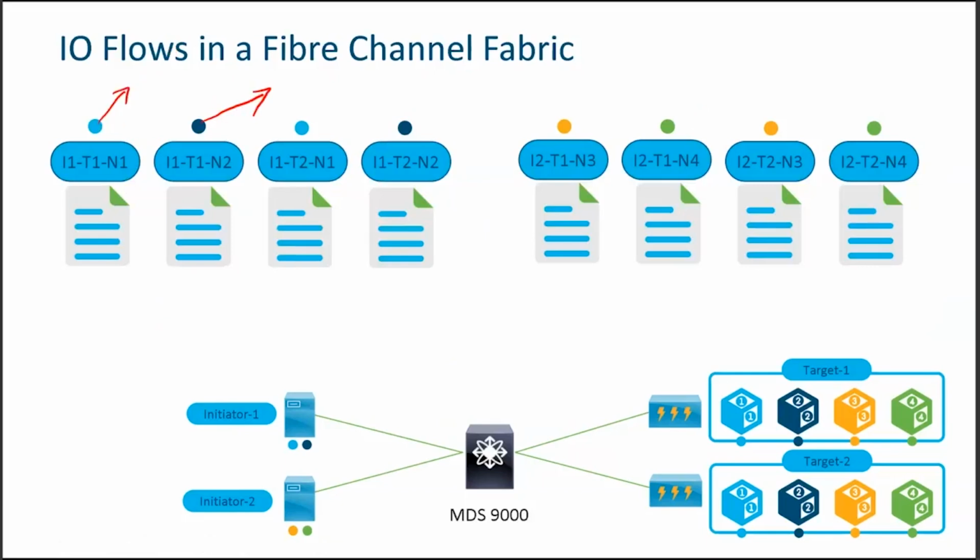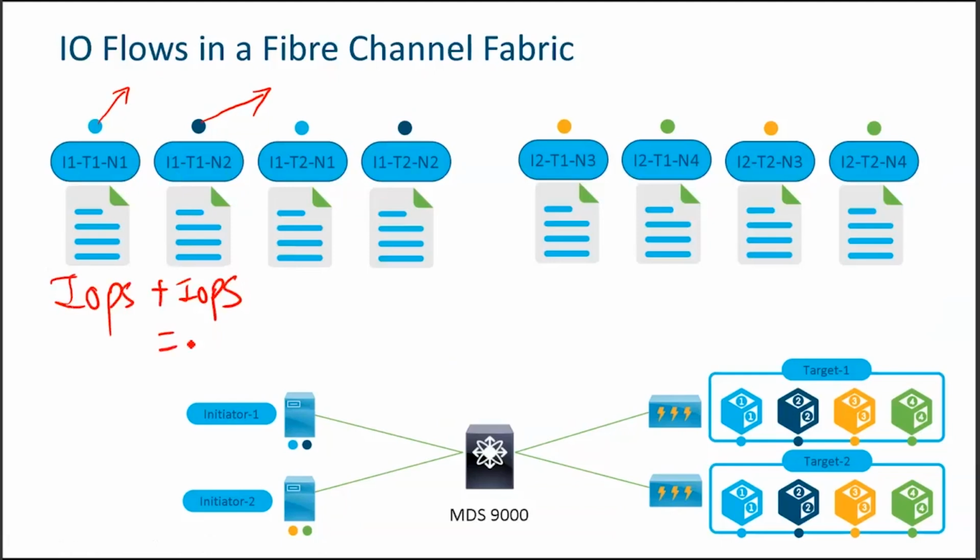But let's say you don't want to go to a LUN level all the time. You just want to go to an IT level. For that, obviously you could take the I1, T1, N1 flow and the I1, T1, N2 flow, take the IOPS of this flow and the IOPS of the other flow, do a sum and find the combined IOPS.